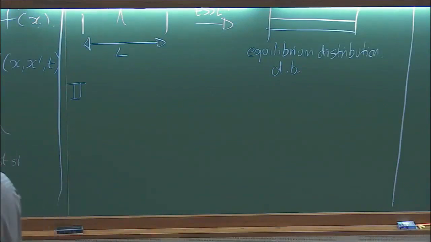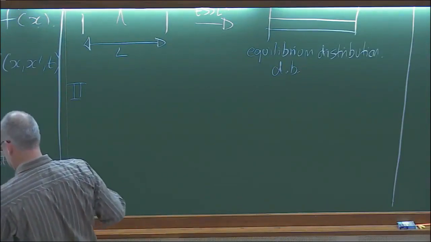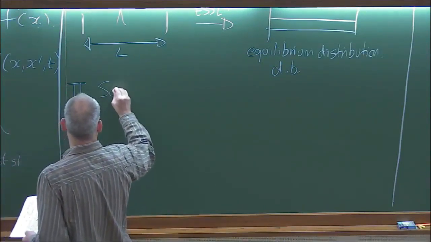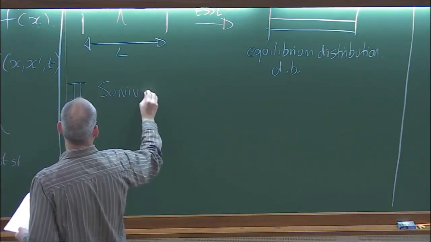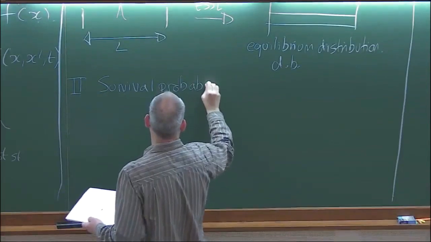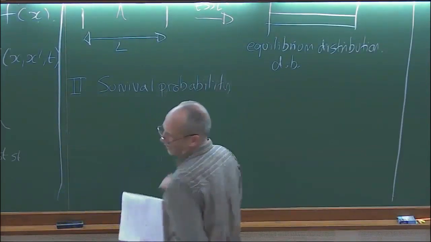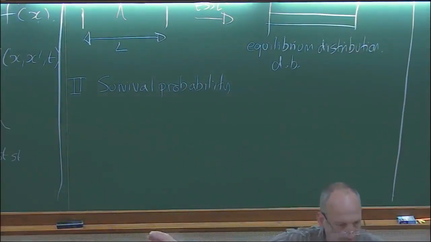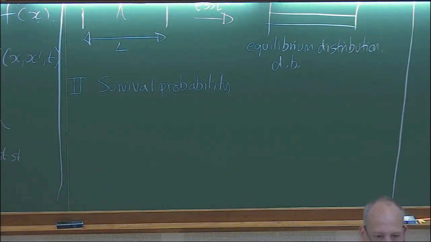What I want to do now is to consider my diffusive particle, which obeys this diffusion equation, and I want to consider what we'll call a trap, and I'll put it at the origin.